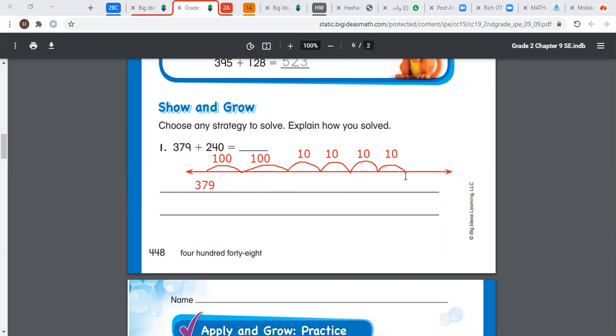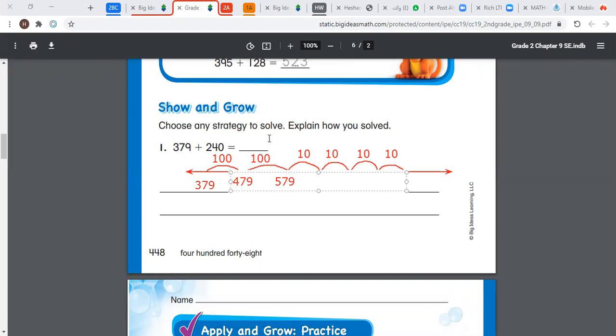Okay? Now let's count. Are you ready to count? Yeah. 379 plus 100 equals what? 479. That's right. 579. Now 579 plus 10 equals what? 589.